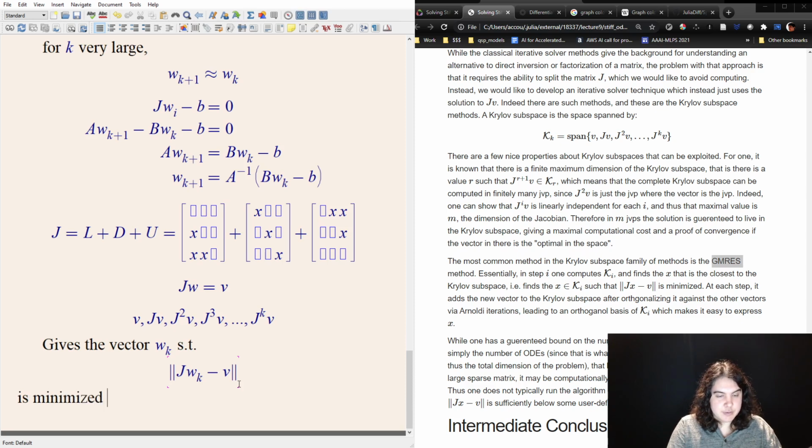Yeah. So there's two facts in here, right?